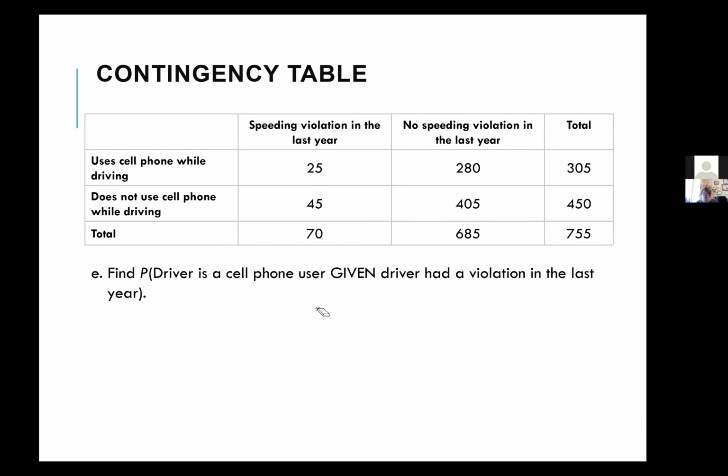What's the probability a driver is a cell phone user given the driver had a violation? Well, who had violations? That's this column here. So that is the violation column. So what's the probability that the driver used a cell phone given they had a violation? Well, 25 of them were using a cell phone and got a violation.